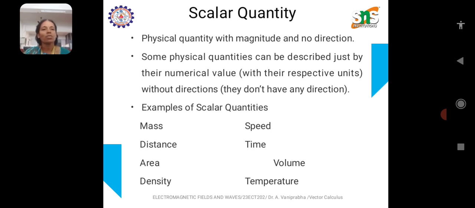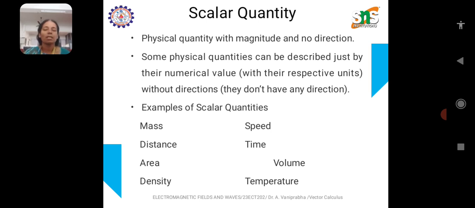So some examples of scalar quantities are mass, speed, distance, time, area, volume, density and temperature. So we know what mass is. That is the weight of any element. For example, the weight of a watermelon or a fruit may be around 1 kg or 3 kg.